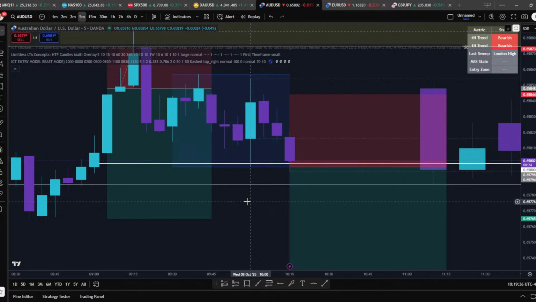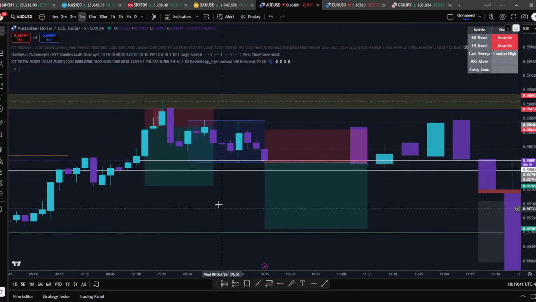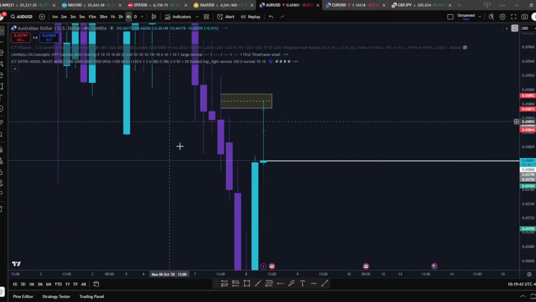A lot of times, the 4 hour, where's the 4 hour? 4 hour candle.